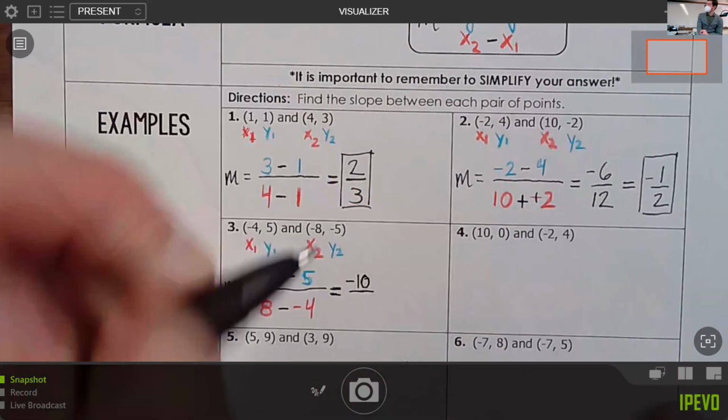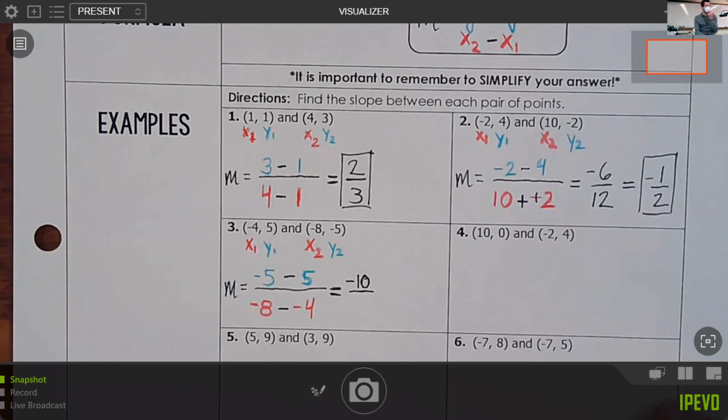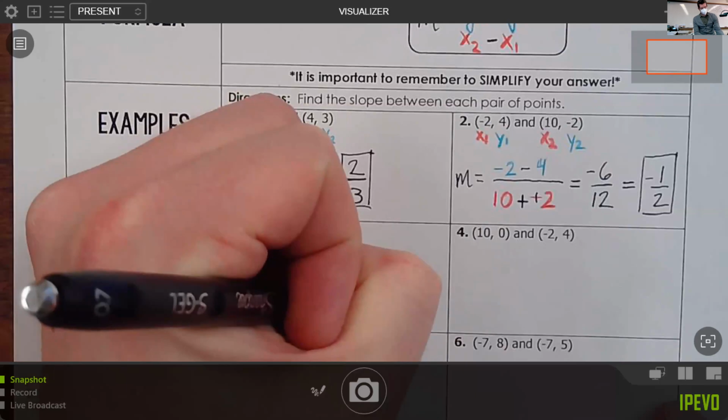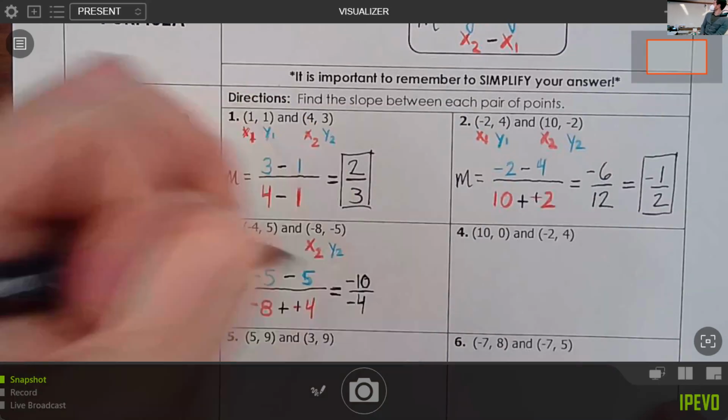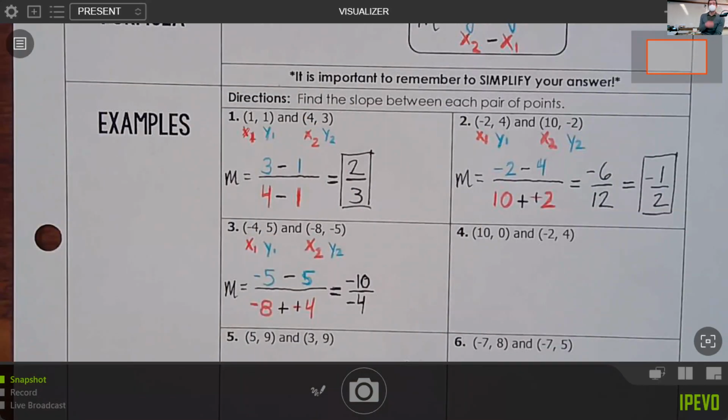And on the denominator, -8 minus -4 is the same thing as -8 plus 4, which is still a negative number. It's just not as negative as it was. What's -8 plus 4 equal? -4. Good. And so we get this fraction that says -10 over -4.